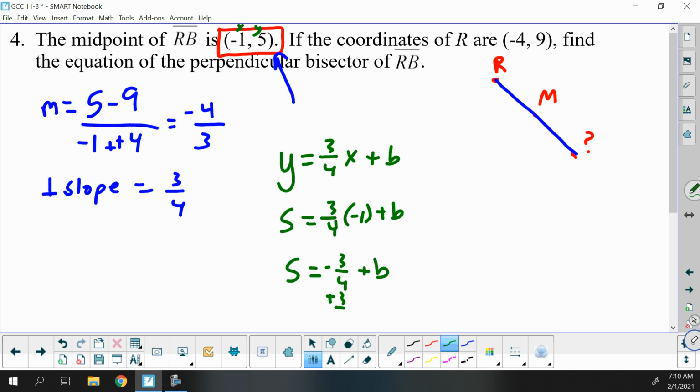And to get b alone, we'll add the 3/4 over. And we'll end up getting that b is 23/4. From there, we'll finish off by just writing the equation. y equals 3/4 x plus 23/4.